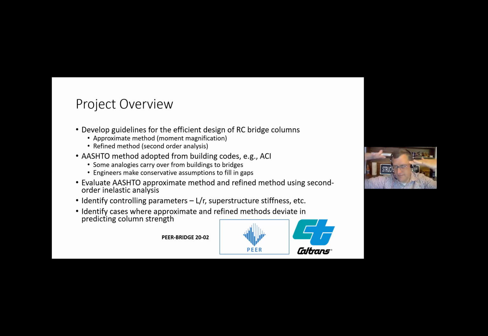You can think of the superstructure as a big girder or a big beam in a frame. It's much stiffer than what you would find in a building. So there are some subtle gaps to fill in there. Then identify cases where approximate and refined methods deviate in predicting column strength for vertical loads.